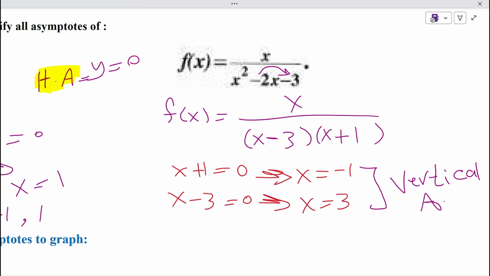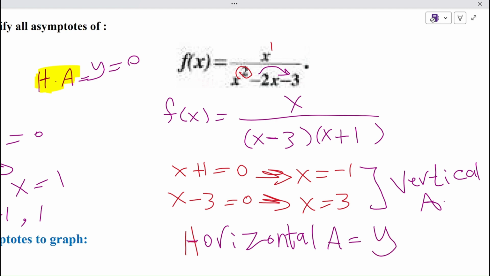For horizontal asymptote, just look at the original rational function. It means look at the highest degree. The highest degree of the denominator is 2. Again, the highest degree of the numerator is 1. So the denominator is greater than the numerator, then the horizontal asymptote is y equal to 0.